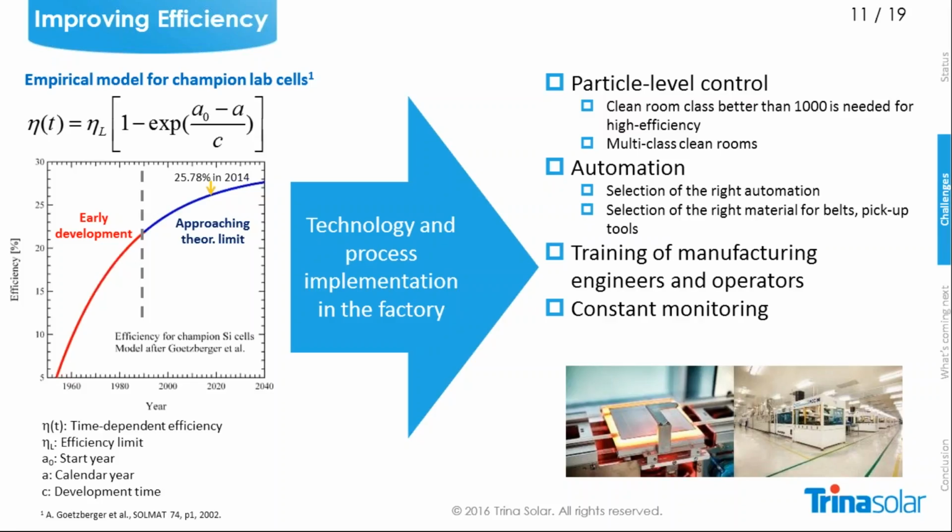That means you need better quality control and a better understanding of the processes, and this makes it harder to achieve, because if you want to control processes more accurately, you usually have to invest more into machinery, or change some machinery and develop new machinery where you are able to achieve a higher level of cleanness on the cell during the process, or a higher level of homogeneity during the process.